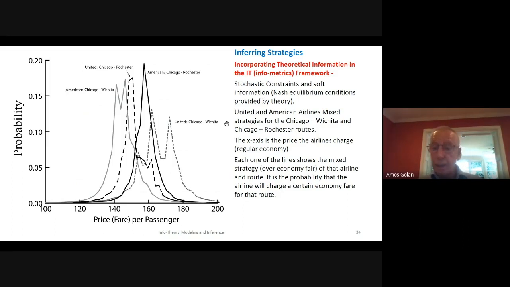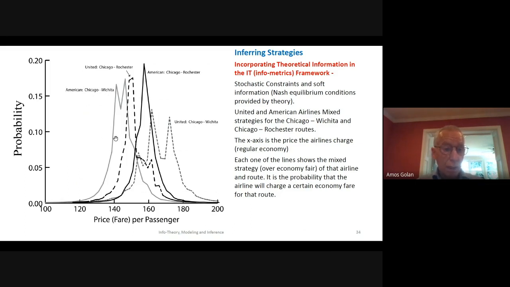Now, in classical statistics, econometrics, you cannot really do it. If you look at the games there, they're usually reduced to a small number of possibilities. But this gives you the whole distribution. So, for example, let's look at two routes, say Chicago, Wichita.